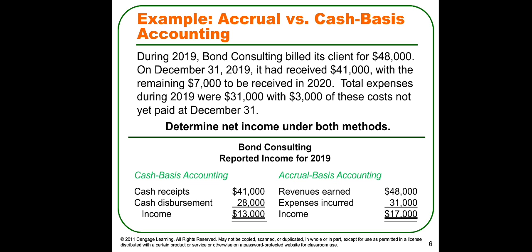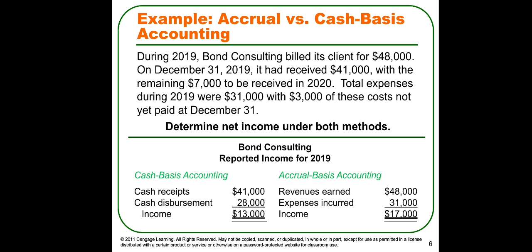See the cash basis accounting. If you use cash basis accounting to calculate profit, then this is the calculation. Remember the formula to calculate profit is revenue minus expenses. If you use cash basis accounting, the revenue for year 2019 is equal to 41,000.